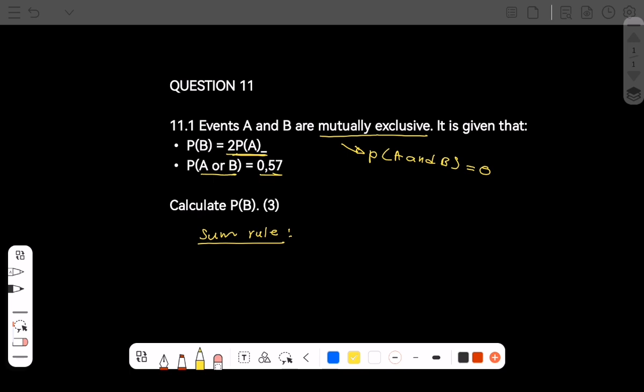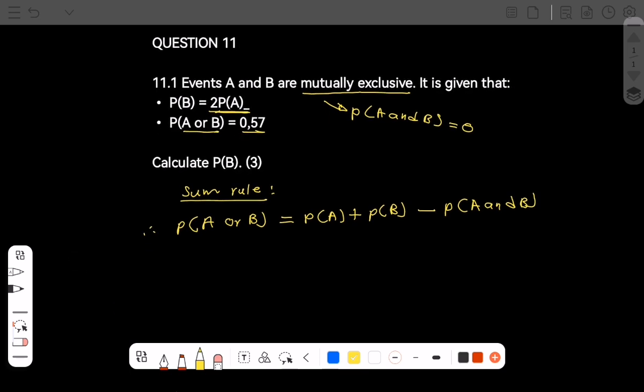The probability of A or B is equal to the probability of A plus the probability of B minus the probability of A and B. This is what we call the sum rule. What we need to do after this is to substitute whatever we are given. All right, let's go.